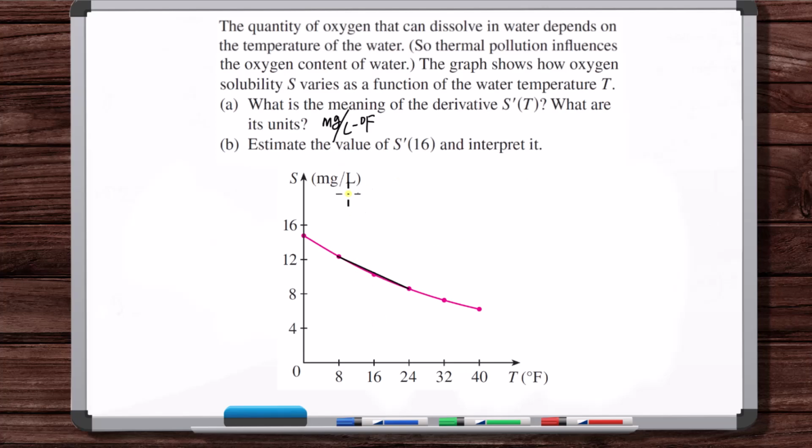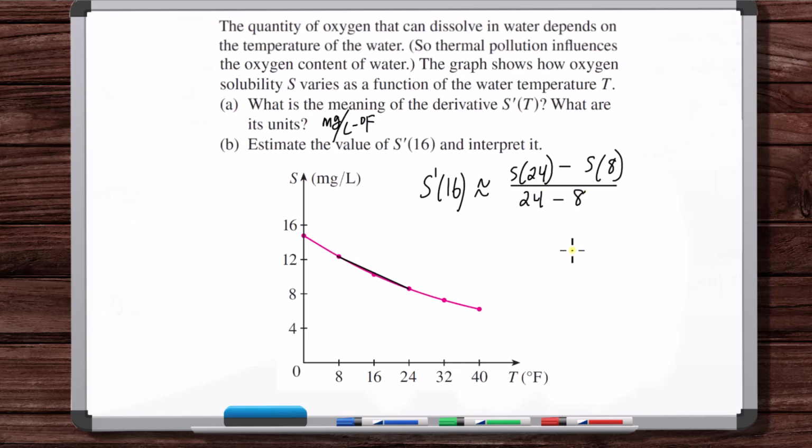This is the average rate of change of S over the interval from 8 to 24.